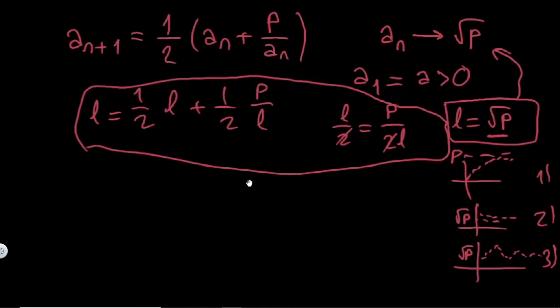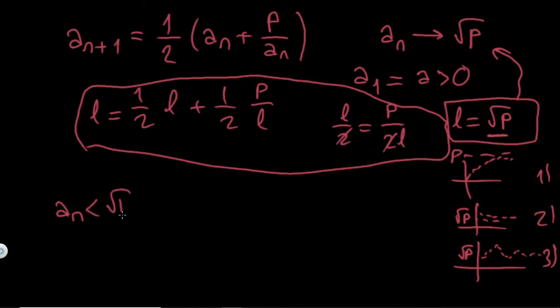So let's see if I can say that maybe a_n is less than or equal to the square root of p. I don't know if this is going to be true, or if maybe it's going to be greater than or equal to the square root of p. How can I do that?